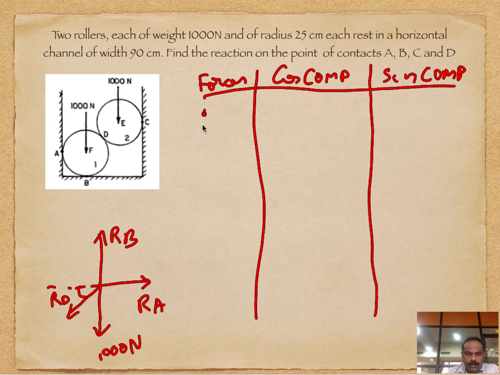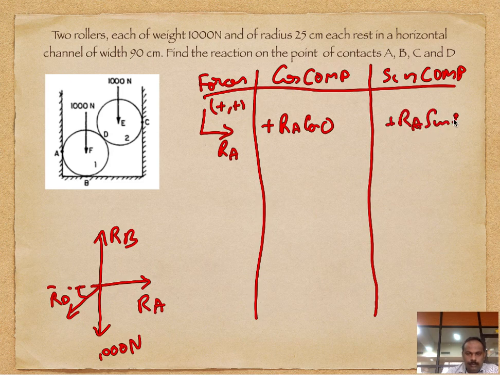We'll take RA. It is at 0 degree, so we know it's in the first quadrant, and both are positive, so plus RA cos 0 and plus RA sine 0.